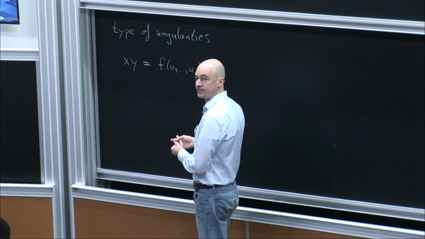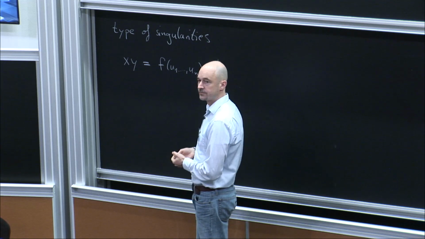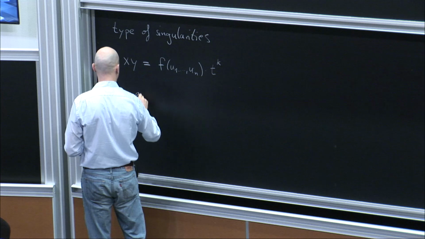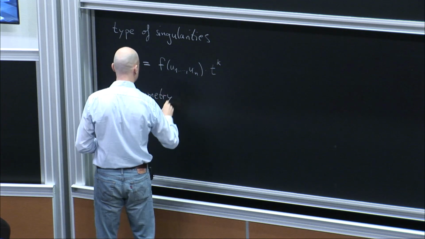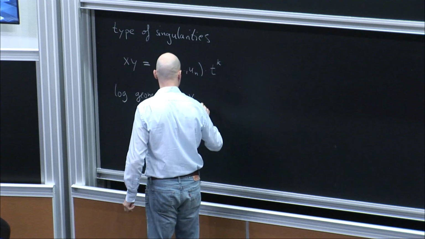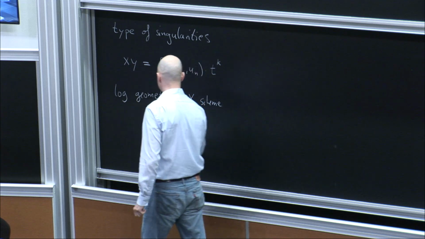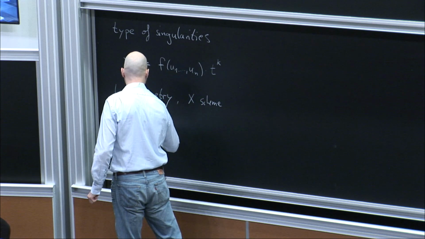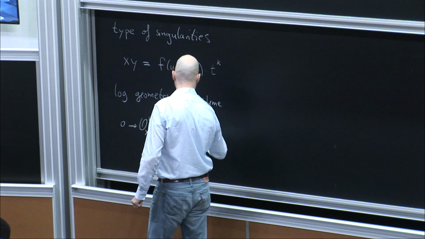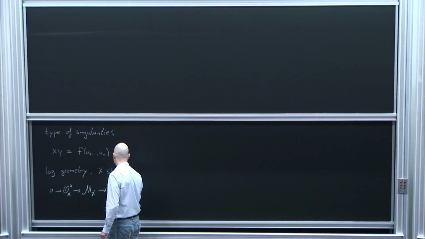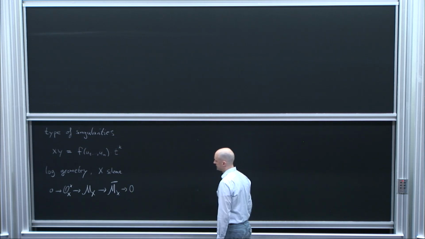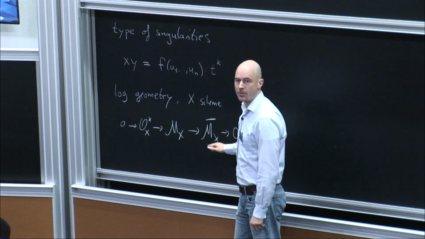But the point, why is logarithmic geometry the right tool to deal with those kind of singularities? You have probably all seen the definition of what a log structure is. I'll just repeat it here. If you have a variety X, or it can be any scheme, then logarithmic geometry is looking at an extension, an exact sequence of monoid sheaves.